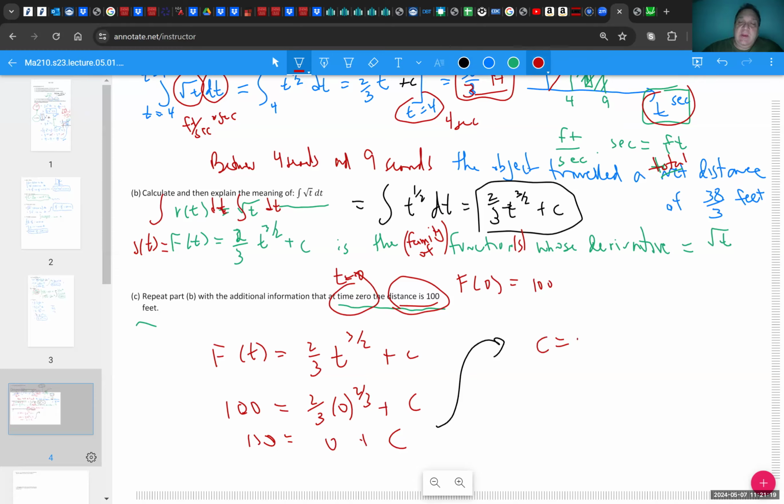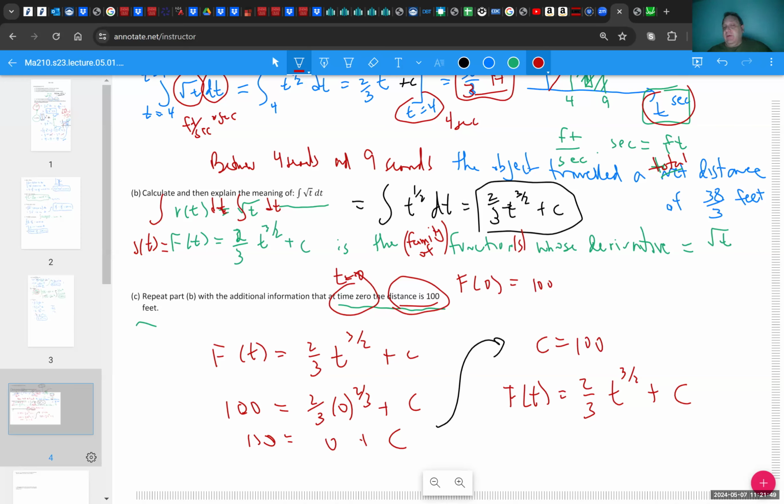So we know that c is equal to 100. And that way we can write not a family of functions, we can write the very specific function. So our function is equal to 2/3 t to the 3/2 plus c. And we are told now at time 0, we have a distance of 100. So this function will calculate the additional distance, the net distance beyond 100, right? How much extra distance we get.